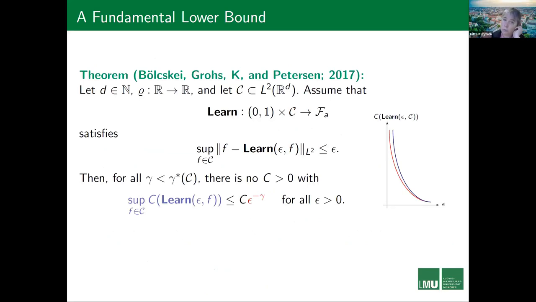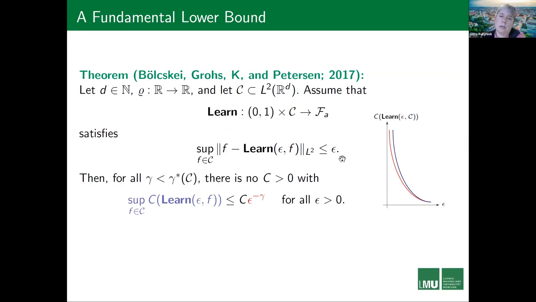And then one can show the following result, which shows a lower bound for learning type algorithms concerning the complexity of the resulting neural networks. So this states the following: I have an abstract learning procedure which takes an accuracy and an element of my function class, and it computes a neural network in my hypothesis class, which approximates this f with that accuracy.